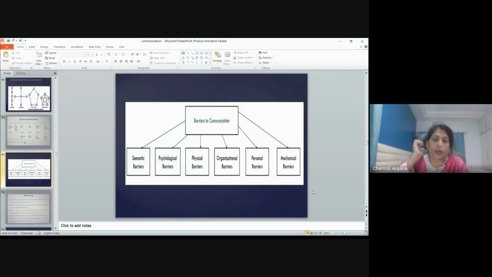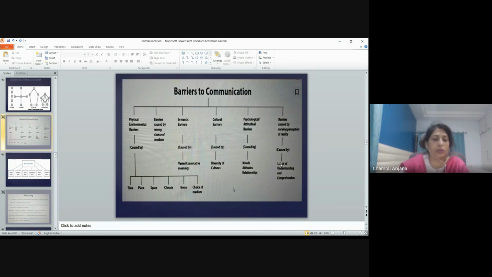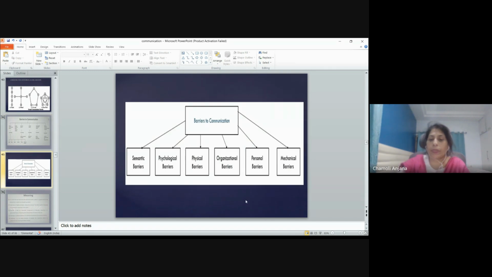Then you have barriers to communication. If you can remember, in the first class we were talking about the noise in the communication process, right?